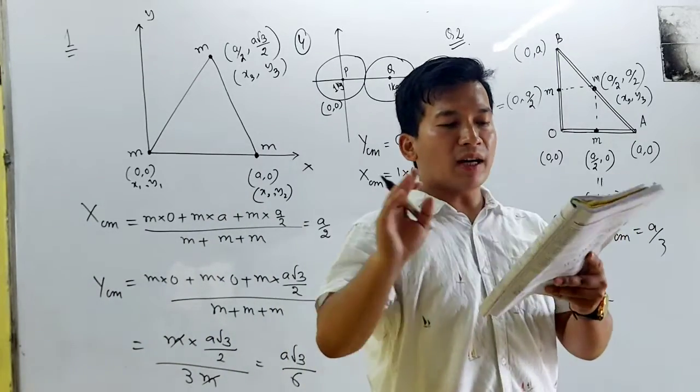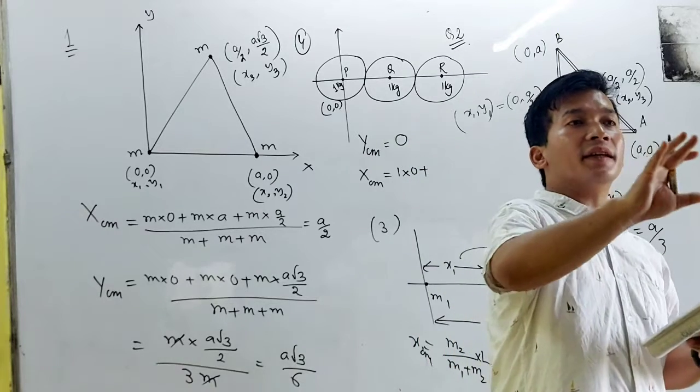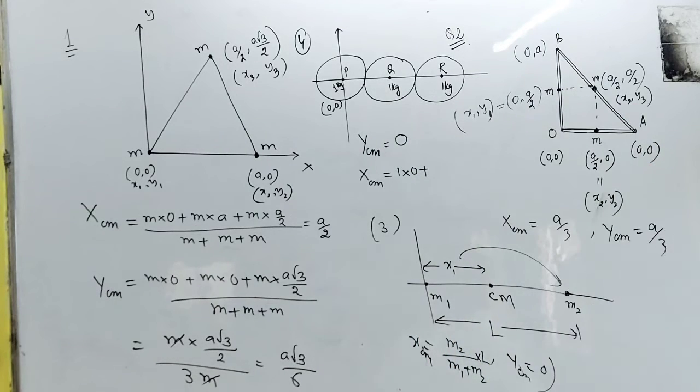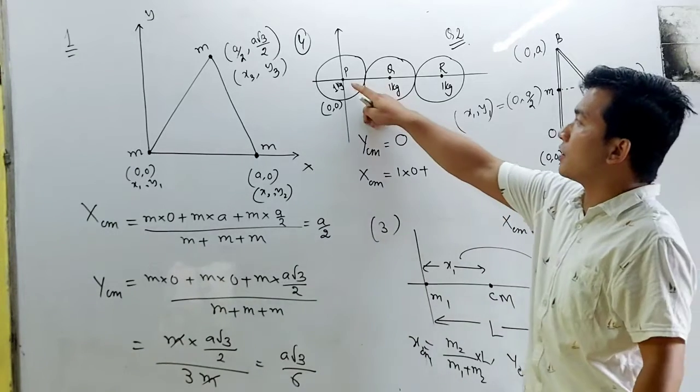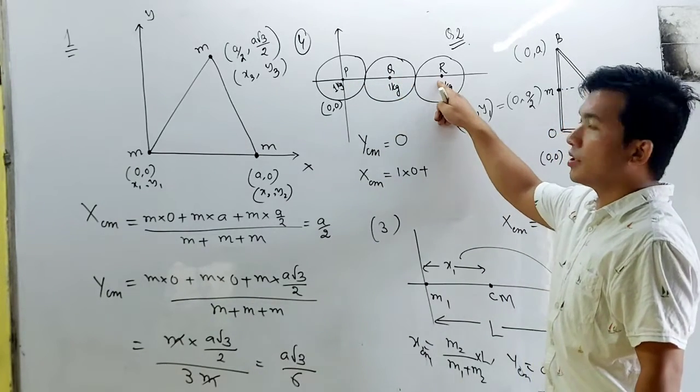We have three identical spheres of 1 kg each. For any symmetrical object, the center of mass will be located at its geometrical center, so the entire mass of 1 kg will be located at its center, 1 kg over here, 1 kg over here.